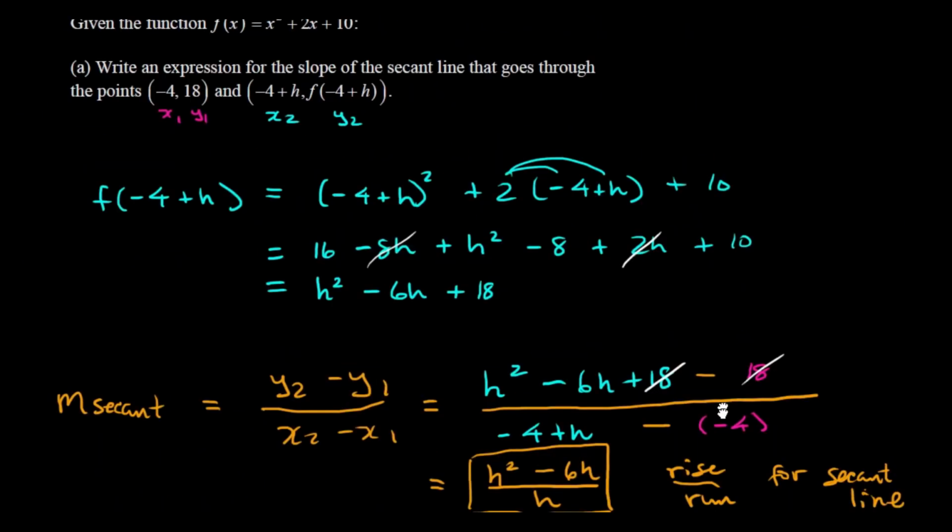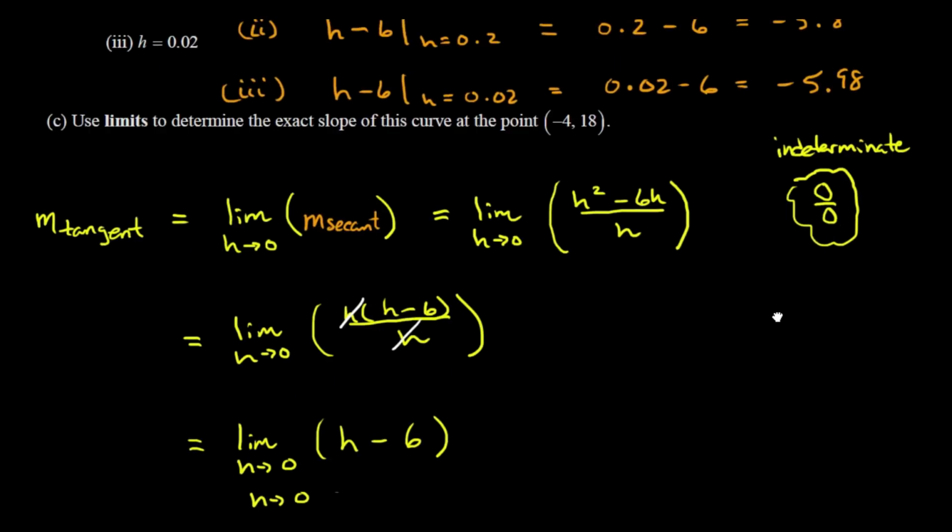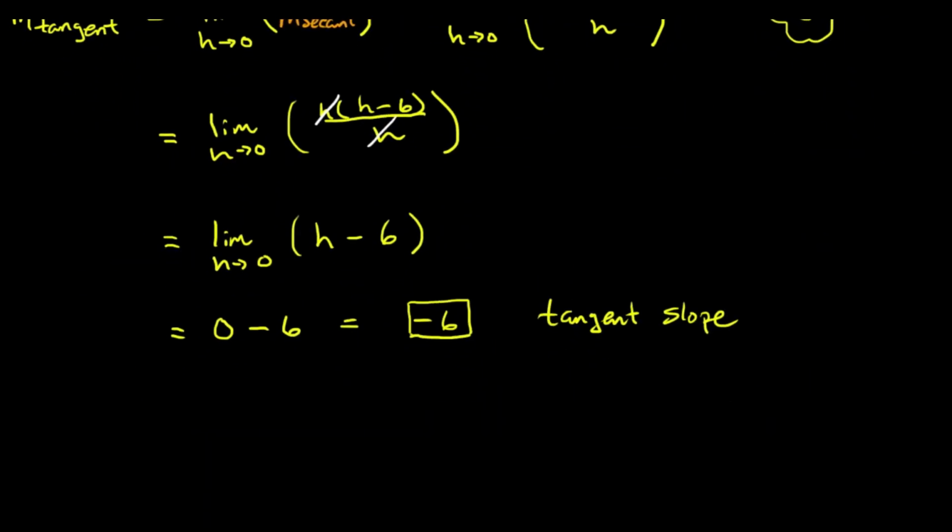What was it? Minus 4 and 18. So at minus 4 and 18. And sometimes the x value is all we're really worried about. We could also say tangent slope at x equals minus 4.